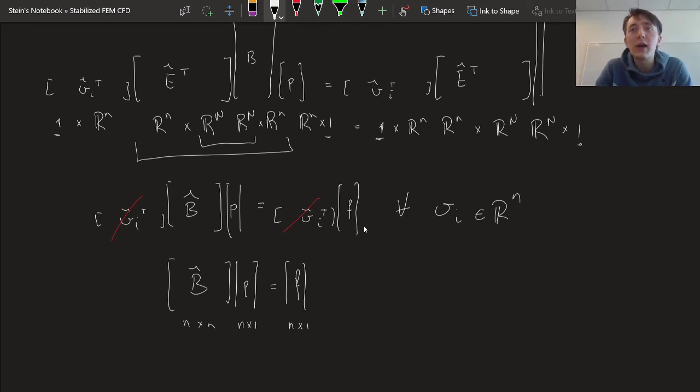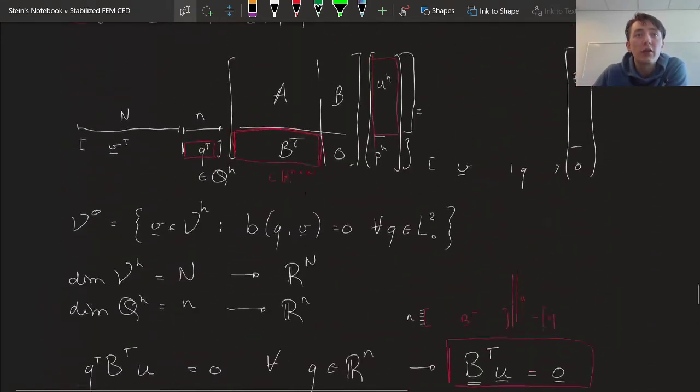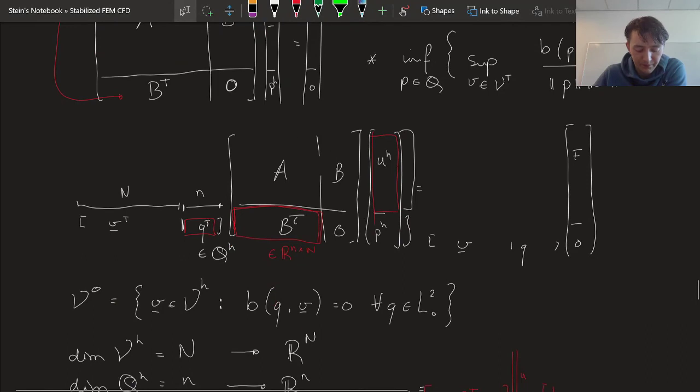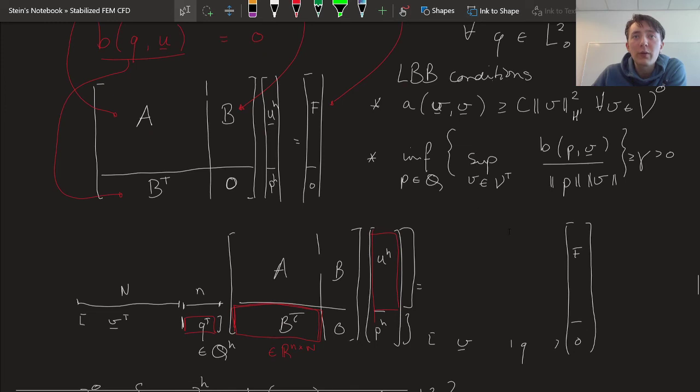So, summarizing, the original question of being able to solve this large equation has to do with the positive definiteness of the matrix A. That was the first LBB condition, and some strange requirement that we are trying to understand on B. The positive definiteness of A was clear; that's going to give us the solution for U. But what was the other condition for B?